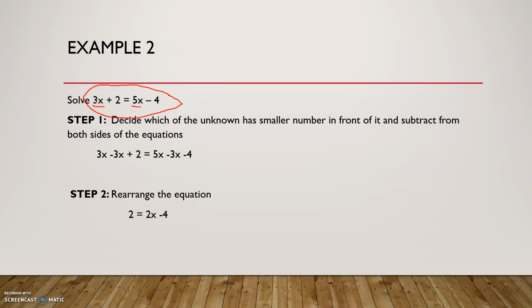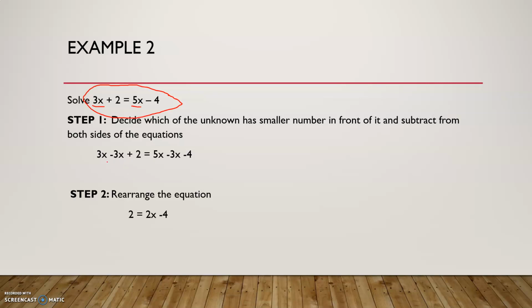On the left side we've got the number 3, on the right side we've got the number 5. So we're going to choose the smaller number and subtract it. We're going to subtract 3x from both sides of the equation.